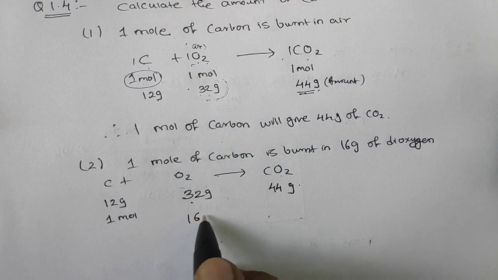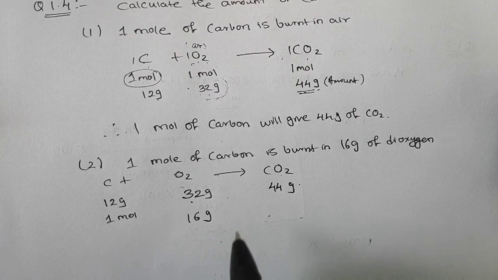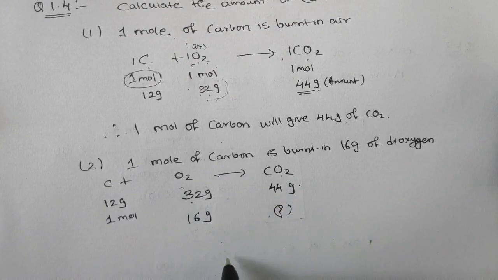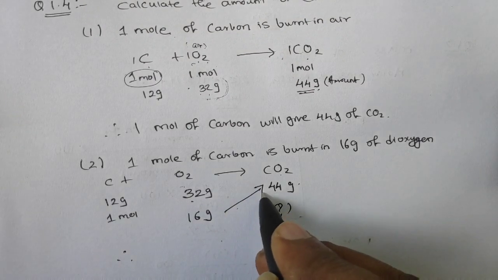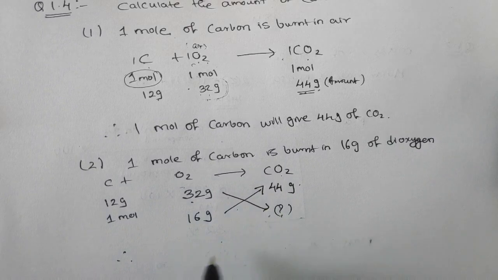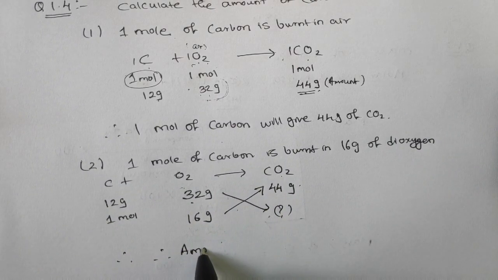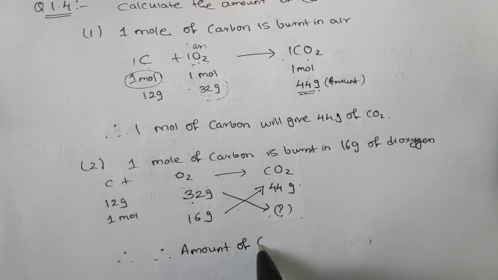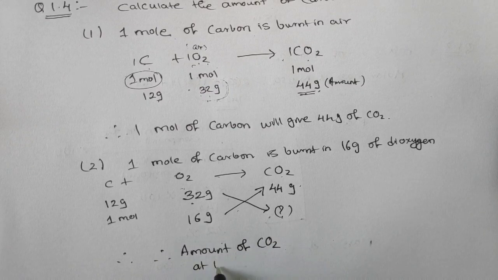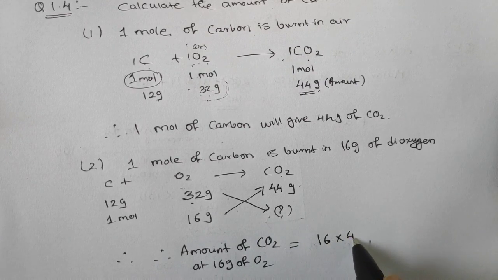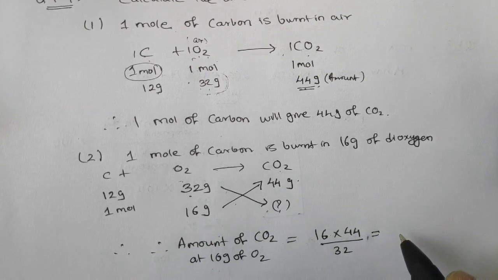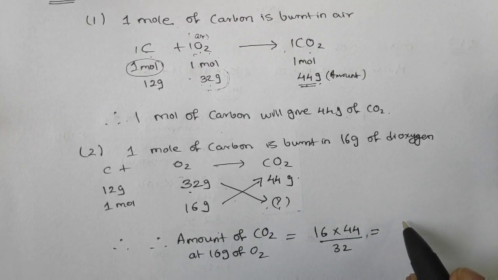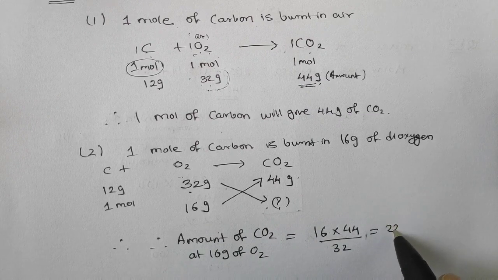So now if it is 16 grams of oxygen, how much CO2 will you get? Simple cross multiplication: 16 multiplied by 44 divided by 32. Therefore the amount of CO2 at 16 gram of O2 is 16 multiplied by 44 divided by 32, which is equal to 22 grams.